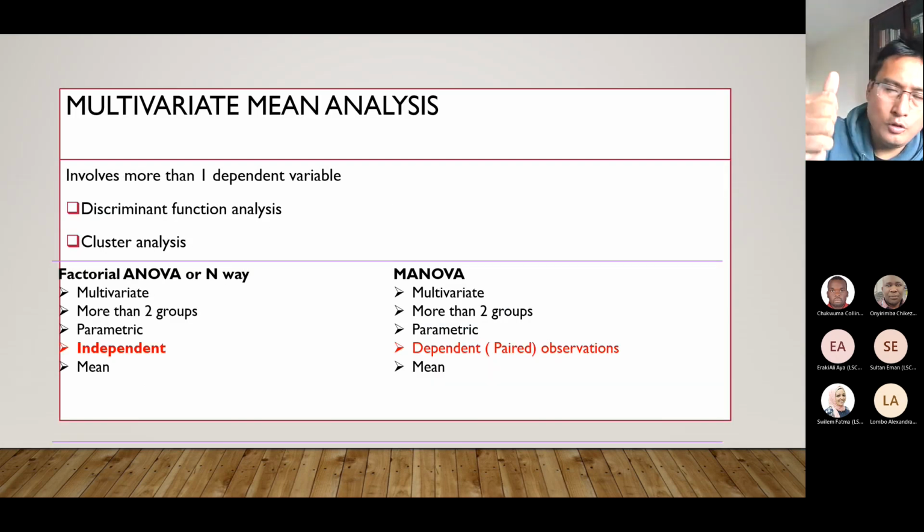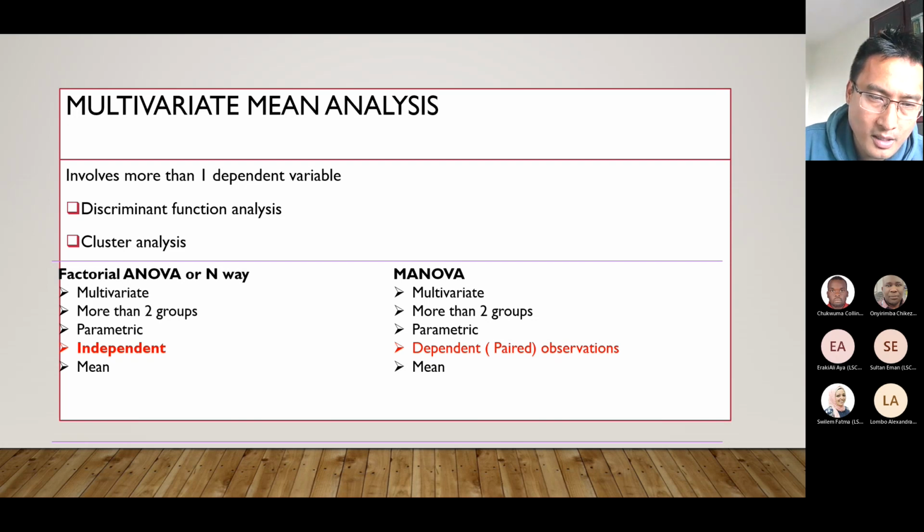Now we have covered univariate, we have covered bivariate, then there's multivariate. In multivariate, you compare three different variables. Similarly in this one also, you have to identify what kind of variate, more than two groups, if it is parametric, if it is independent, mean.